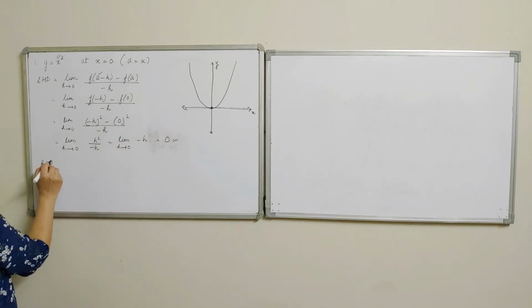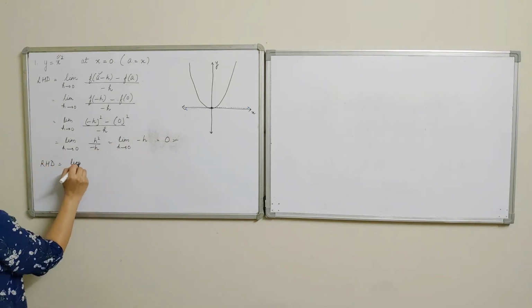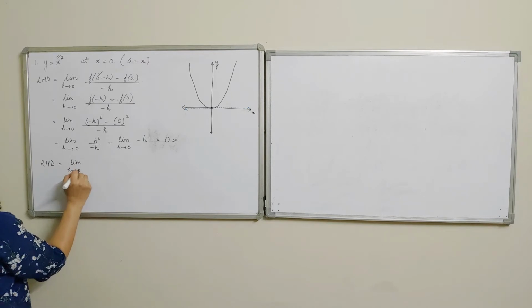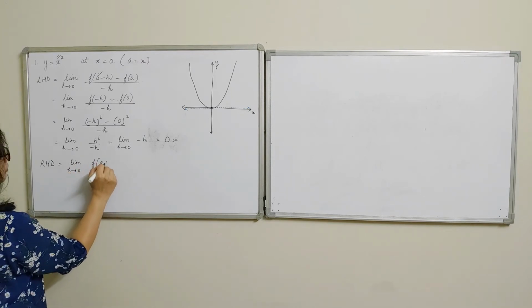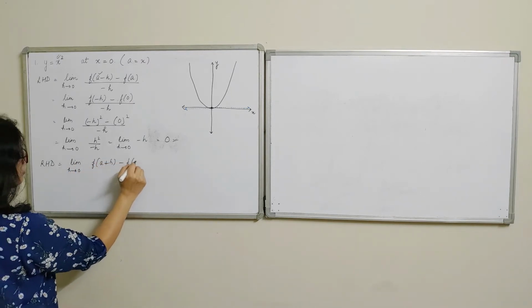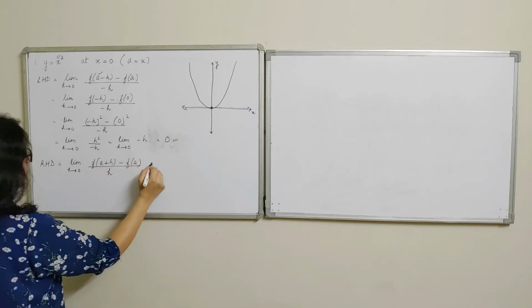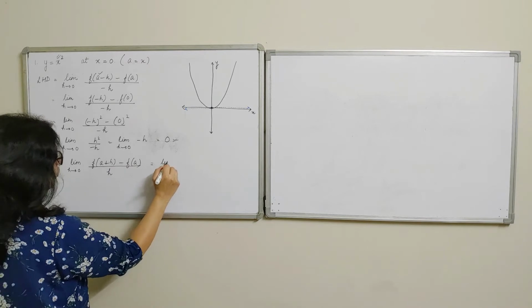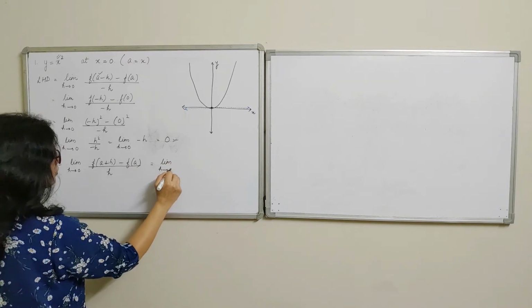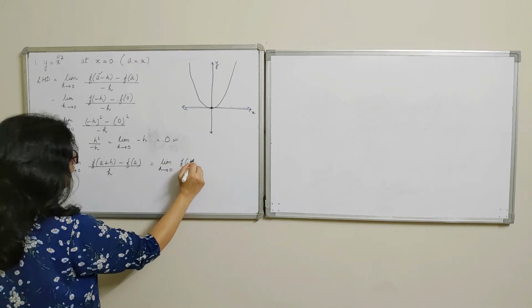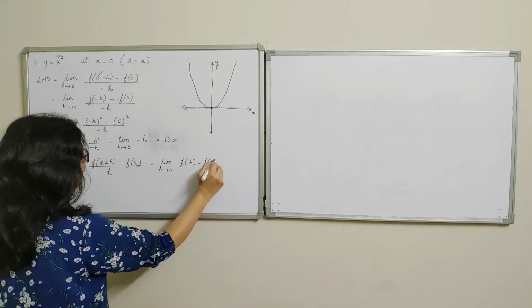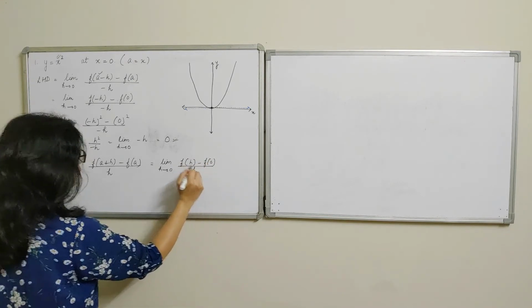Next, let's find out the right hand derivative. So again, starting with the basic definition. Here again a is 0. So f of h minus f of 0 upon h.